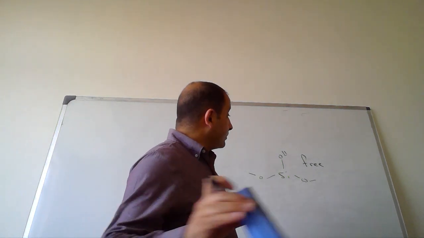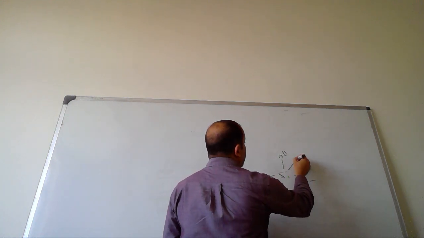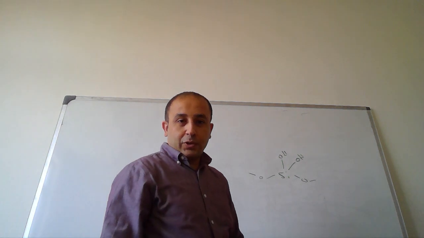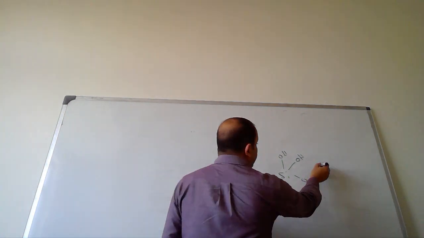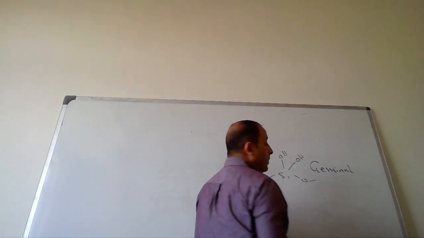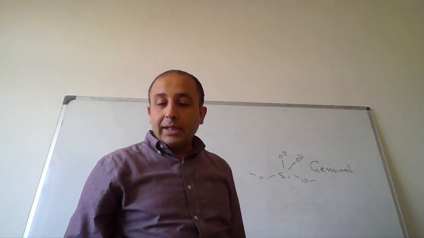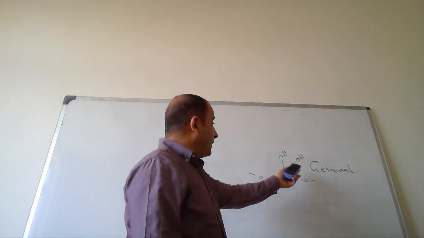Now, one of these forms of silanol, two silanols at the same silicon atom, we call geminal silanol. Geminal, when you have two functionalities on the same atom. In organic chemistry, we call it geminal. So we have geminal silanol.